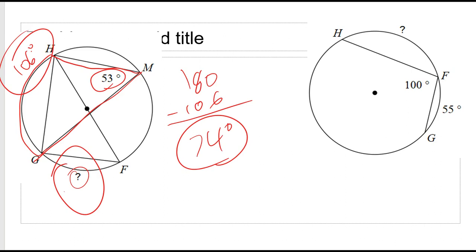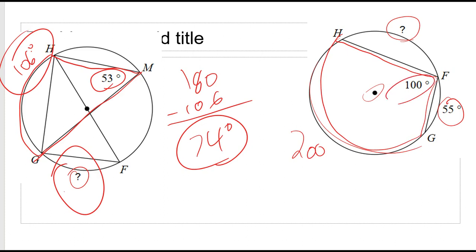Alright, this one right here. We can't use the 180 concept because there's nothing going through the circle, or the center, sorry. But look right here. I have 1, 2, and 3 arcs. All three of them have to add up to 360. Now I know we don't have this number, but we can easily find it. Because if you go from here to here, that's this arc right here. So from H all the way to G is 200.